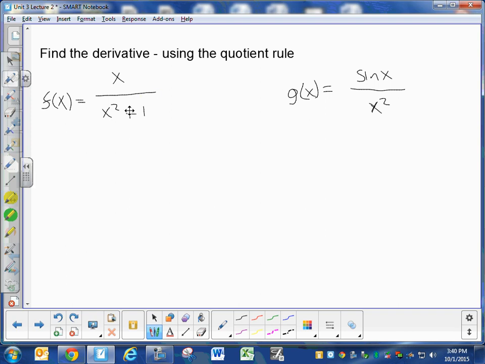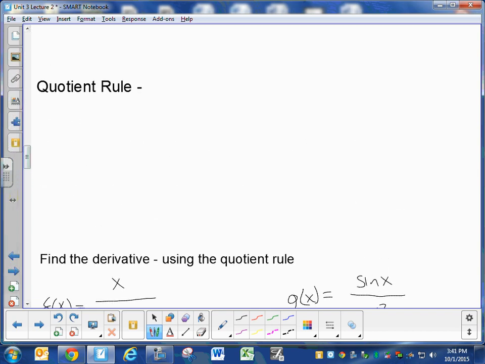We cannot divide this and change this to make it just stuff being added together. So this is a quotient. It remains a quotient no matter what I try to do. Same with g. If I have sine x over x squared, I cannot simplify this. So as of right now, we can't take the derivative of these functions unless we have a new rule, the quotient rule.